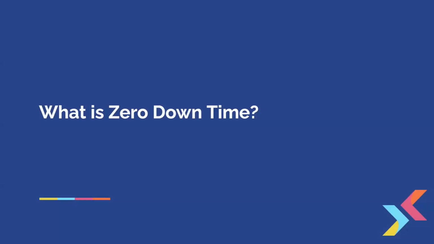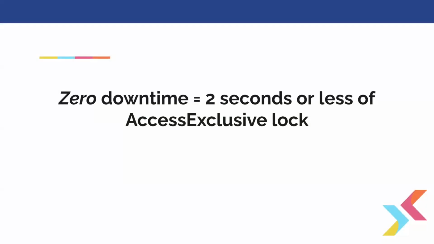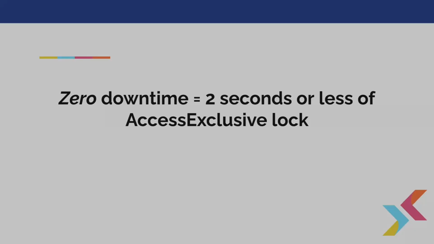To be more explicit, we need to decide how much of a delay we can tolerate and still not interfere with traffic. There is no strict standard to define this time amount. Most companies have internal guidelines to define this, and from our research, we conservatively decided to define zero downtime as 2 seconds or less of access exclusive lock time.